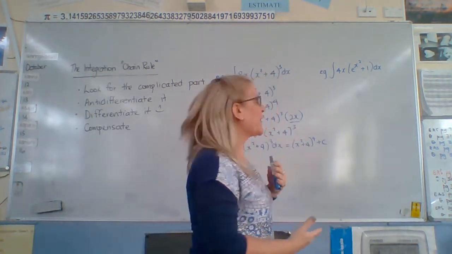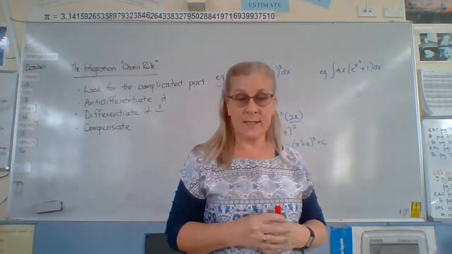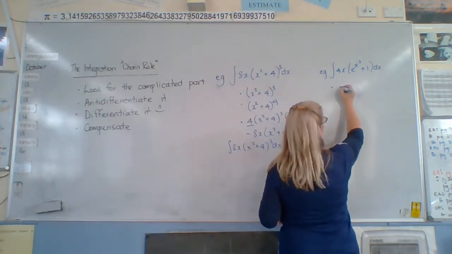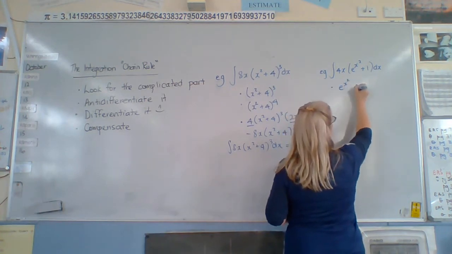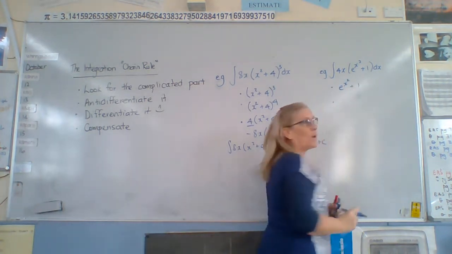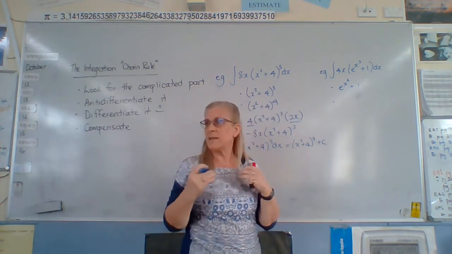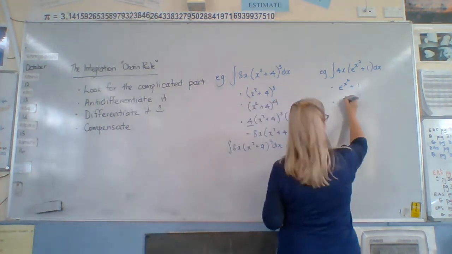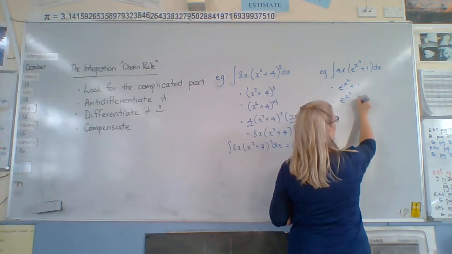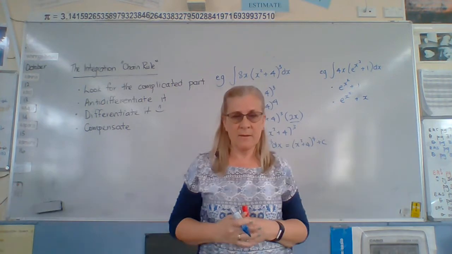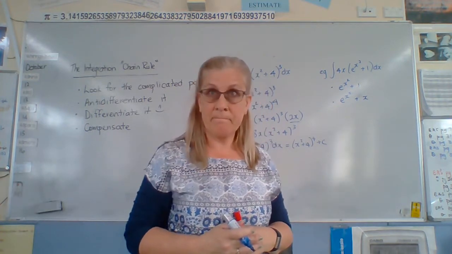Okay, well, the complicated part is e to the x squared plus 1. So, what did that come from? When we differentiate e to the x squared, it comes from itself. So we're going to say, okay, it came from this, approximately. Happy with that?